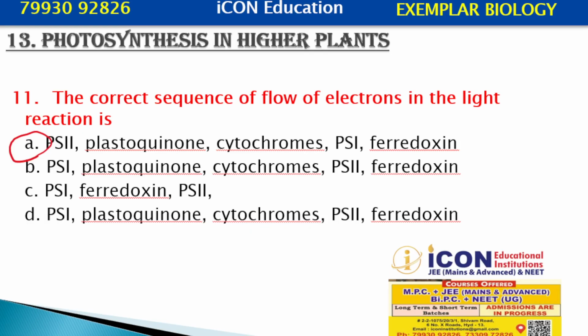From pheophytin, the electron passes to plastoquinone, then to the cytochrome b6f complex, then to plastocyanin, from plastocyanin to PS1, from PS1 to ferredoxin, and finally it is used up by NADP to form NADPH2. So this is the flow of electrons during non-cyclic photophosphorylation.